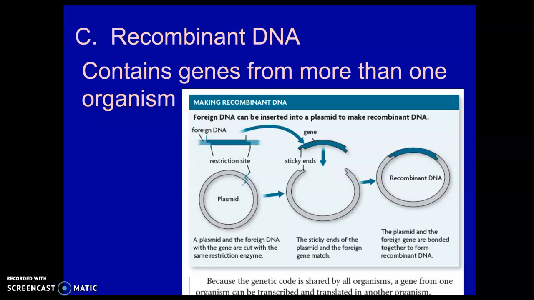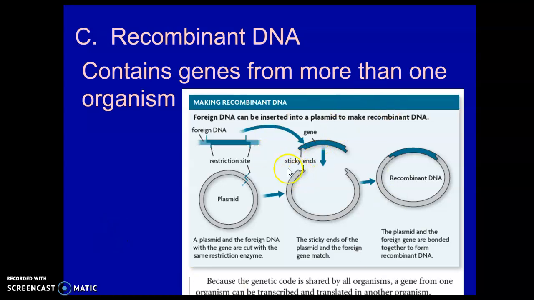Recombinant DNA is interesting. You might hear the term recombinant chromosomes when talking about meiosis and crossing over. When we're talking about recombinant DNA and genetic engineering, we're talking about putting together genes from more than one organism. Again, sticky ends.